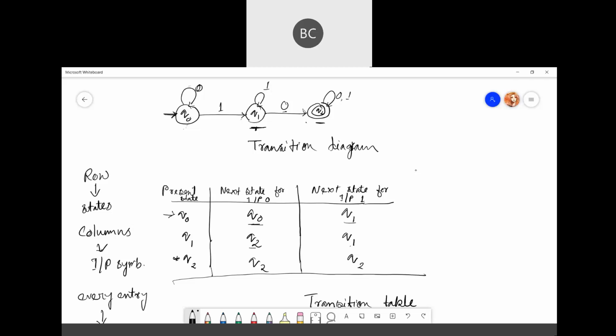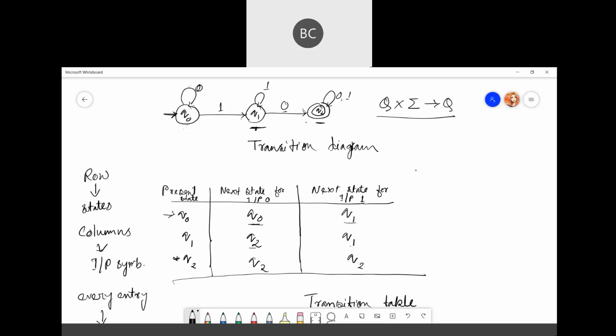Transition table is basically the whole tabular representation of your transition function. Always remember the transition function for DFA: it is in one state, it will read one input symbol and it will move to the next state.